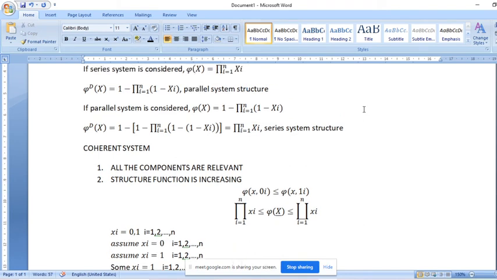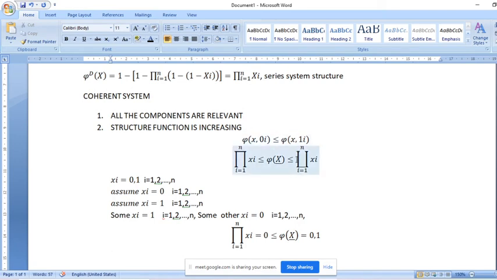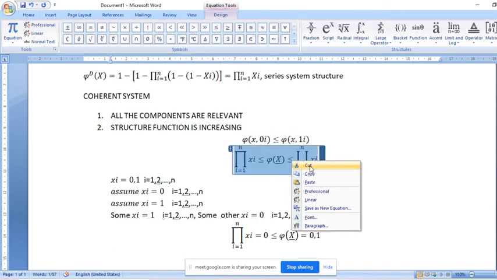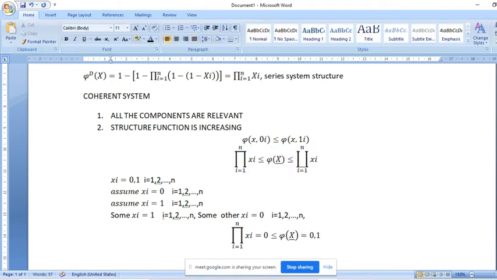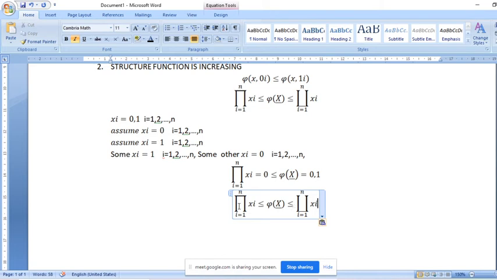You know the union. Suppose our union xi equals 0.